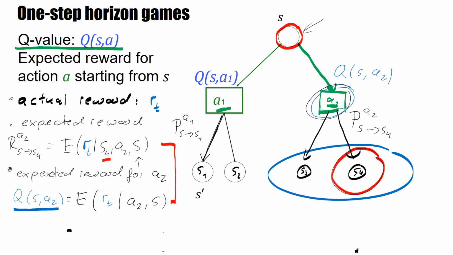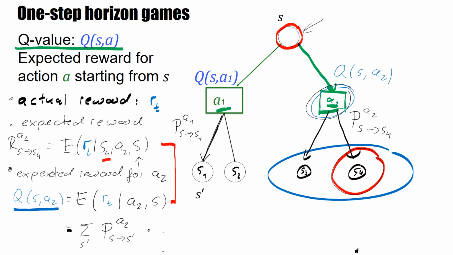So this is the sum over all possible next states S prime, of the transition probability, that's this branching ratio, the transition probability P under action A2 for the transition S to S prime.